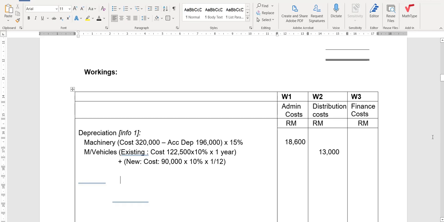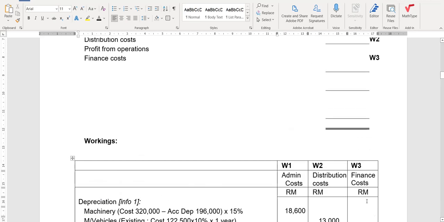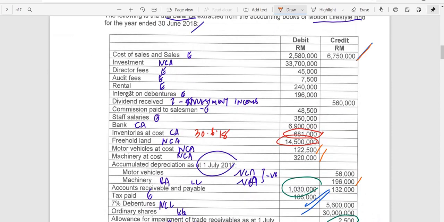Next we go on doing our next one, which is other things which need to be included under our admin expenses. So let's look at that, and also add in the selling. You have here audit fees, directors fees. We have done rental, and commission is actually selling expenses or distribution.